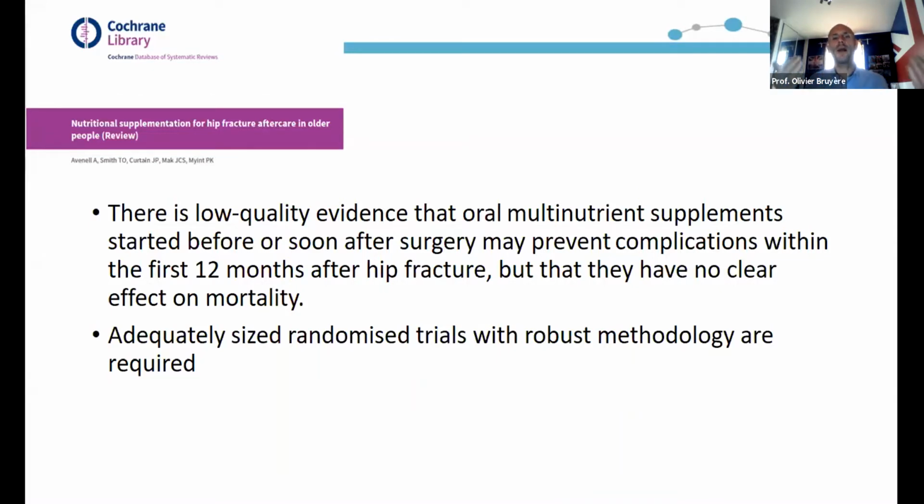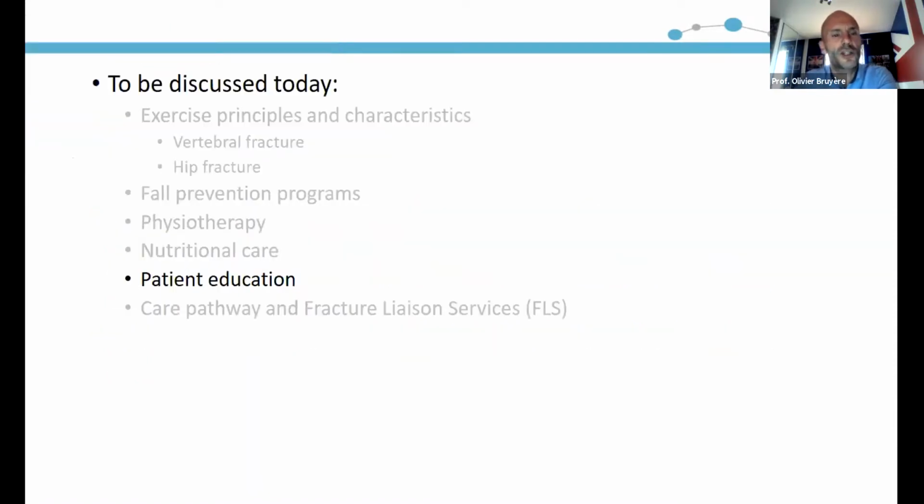So once again, we are able to reduce the complications of the surgery if we give nutritional supplementation to our patient just after the fracture, but it's less clear if we have an important effect on morbidity, mortality, quality of life, and so on. We have less data related to other health outcomes with nutritional supplementation.